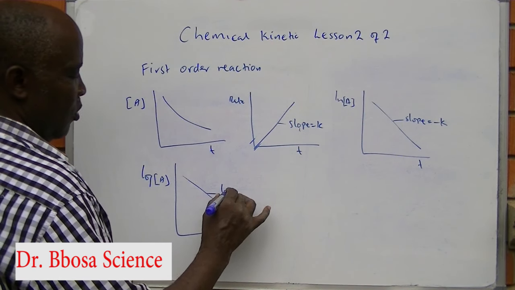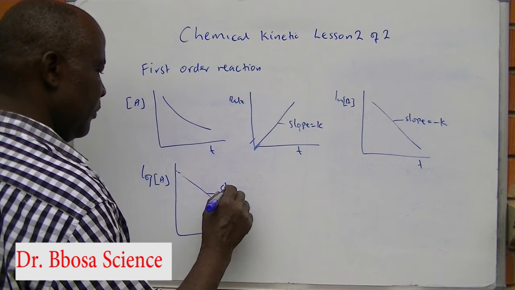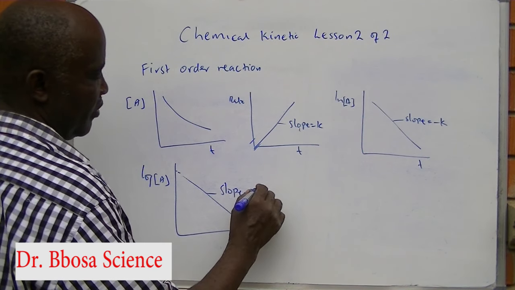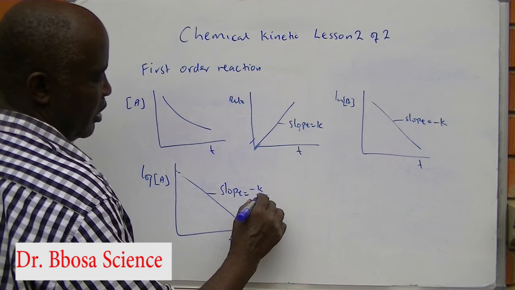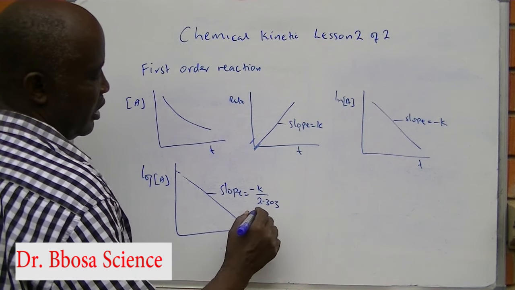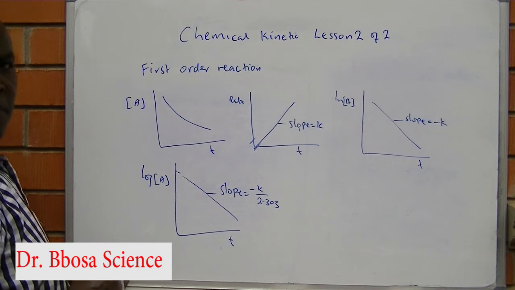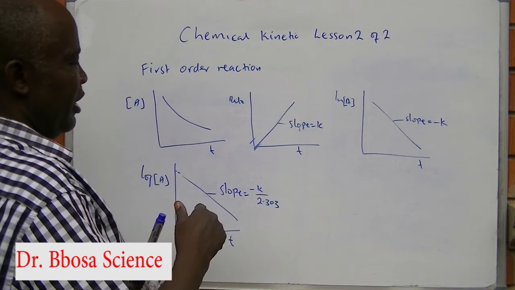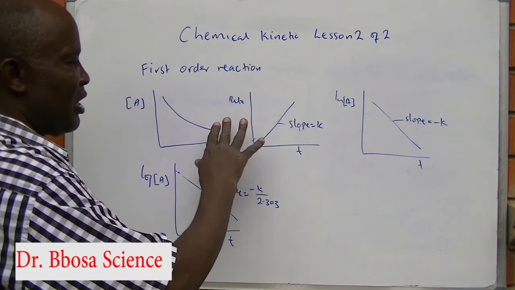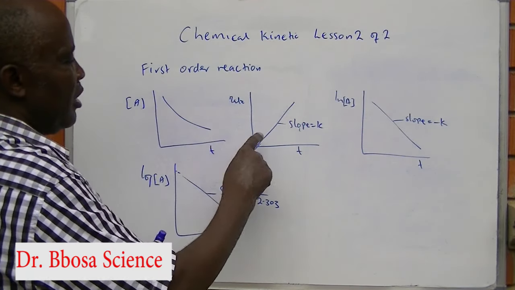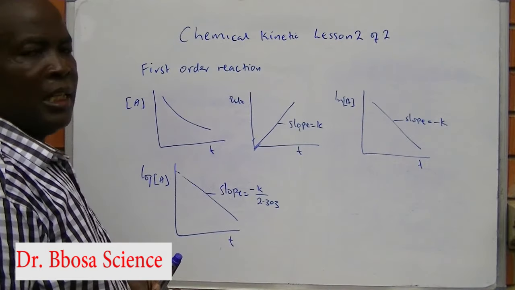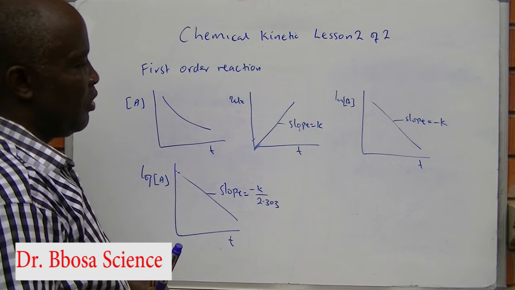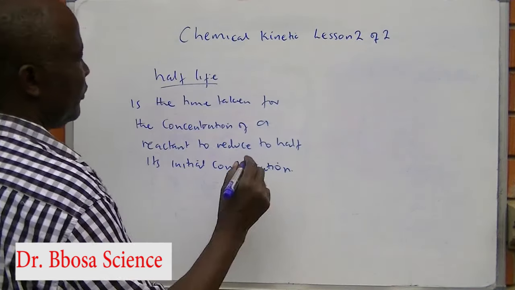Then we conclude that the reaction is a first order. In this case, the slope is negative K over 2.303. So when you are given the values and you get these shapes of graphs after plotting the following quantities, then you conclude that the reaction is first order with respect to A.